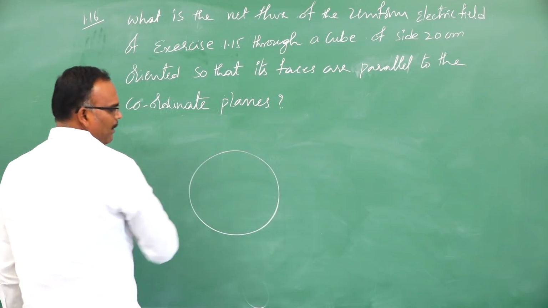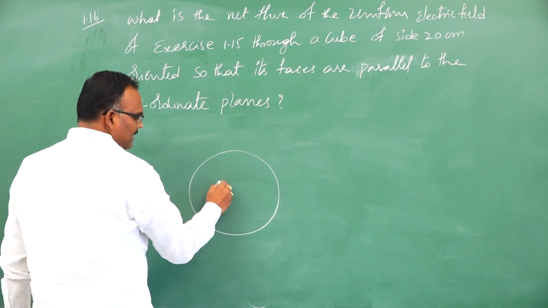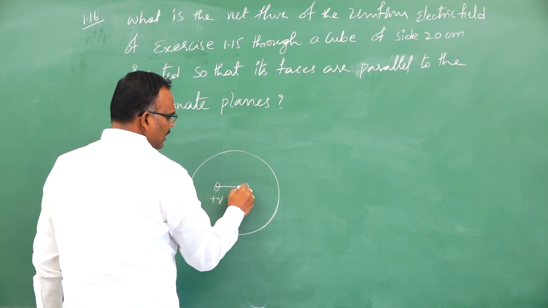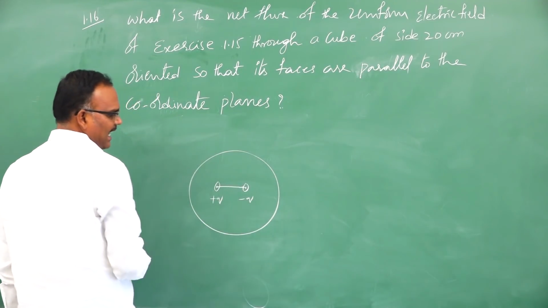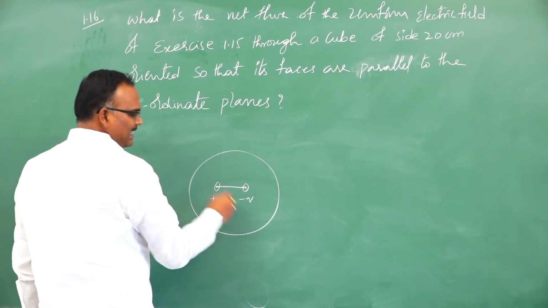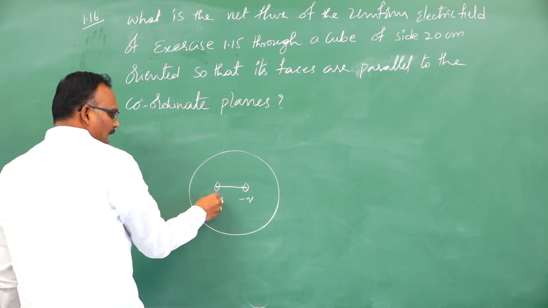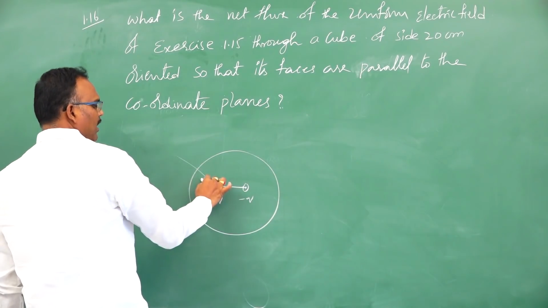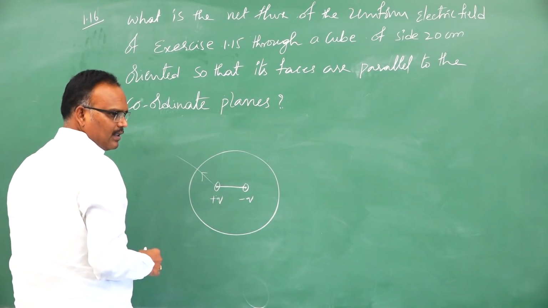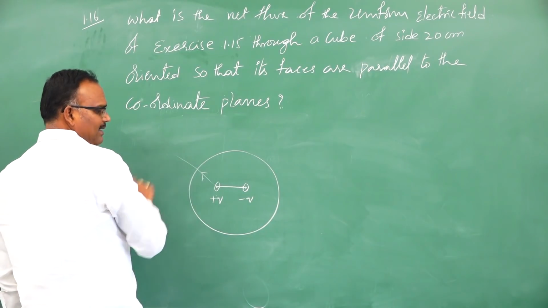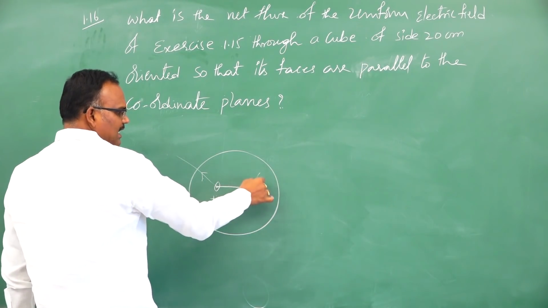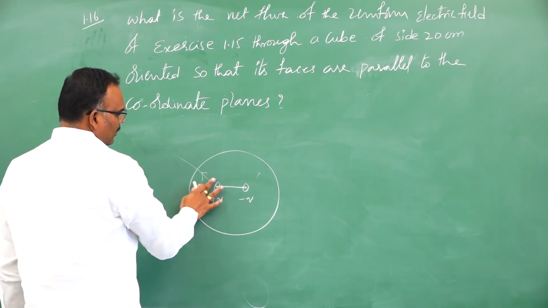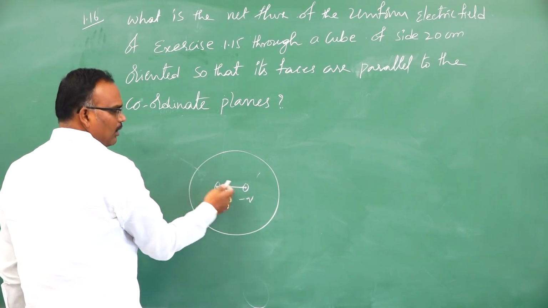For example, we know the dipole. This is a positive charge and this is a negative charge, equal in magnitude but opposite in sign. If you place the dipole inside, the field due to the positive charge is outwards, so this is outward flux, but the field due to the negative charge is inward, so this is inward flux. So outward flux is equal to inward flux.